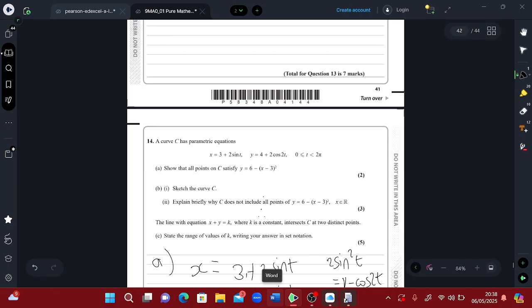Okay, so we know what this curve looks like, right? We know what the x and the y points look like. It has that graph, right? But notice this value.